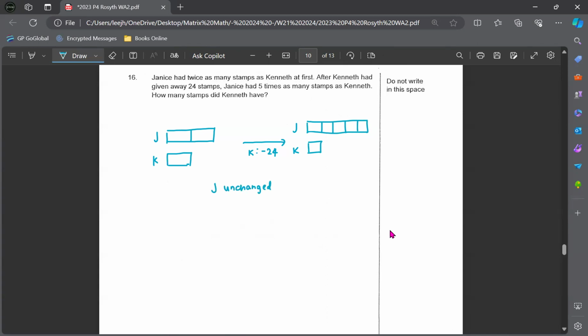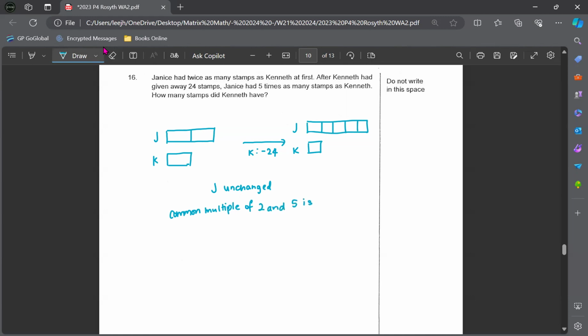So how are we going to do this? Over here unchanged, but over here 2 units, over here 5 units. How are we going to make them the same? 2 cannot become 5, 5 cannot become 2. So we look at the common multiple of 2 and 5.